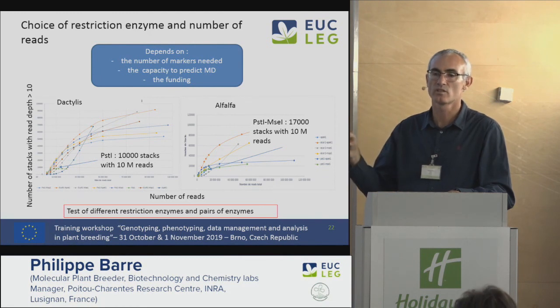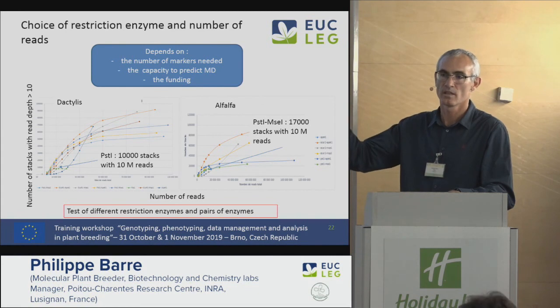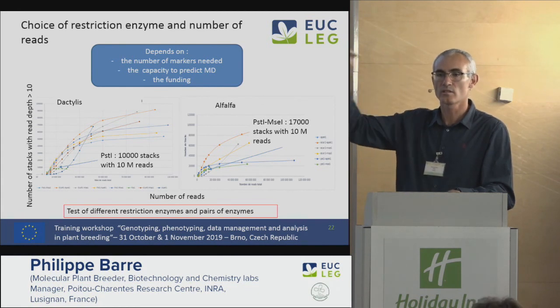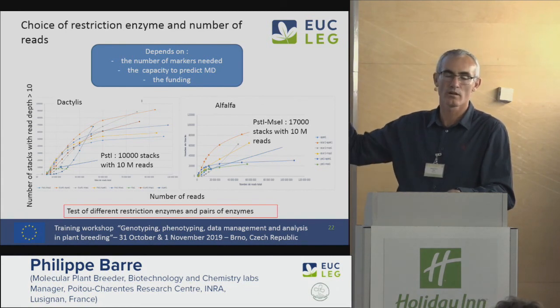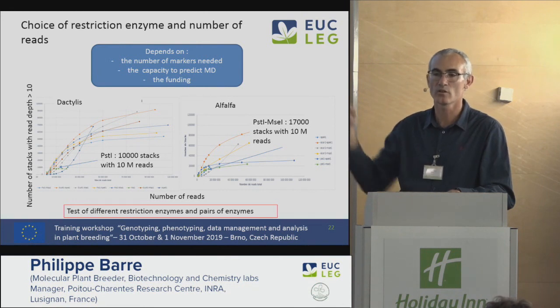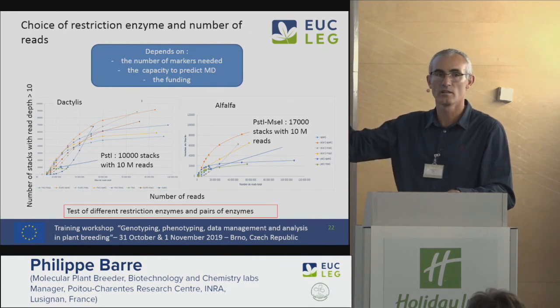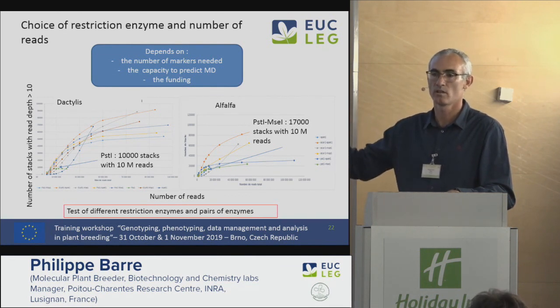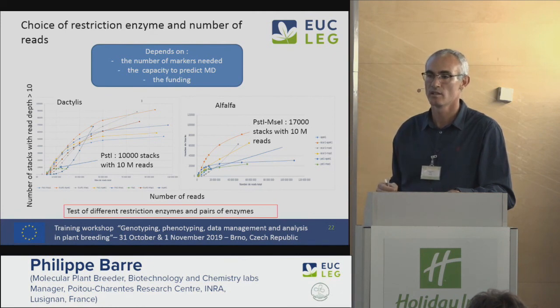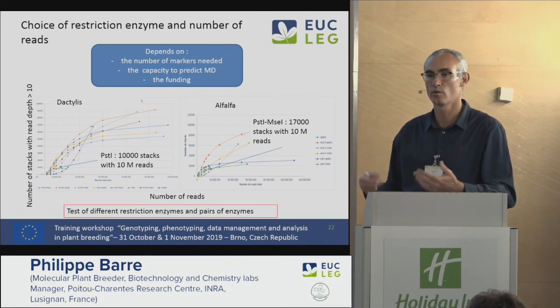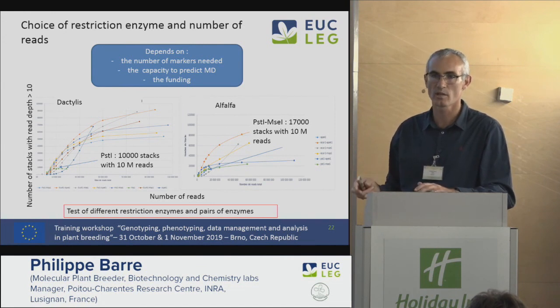They have the sequence of the ancestral genotype. And because of that, even if they have many missing data, they can infer the genotype where you have missing data. But this is a lot of work behind and a lot of information used. So most of the time, it's not the case.